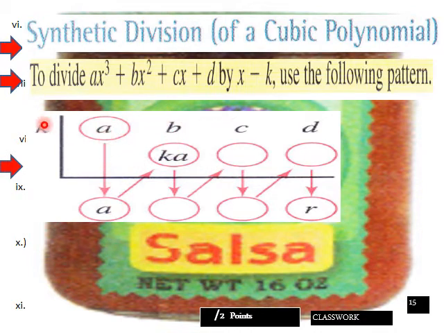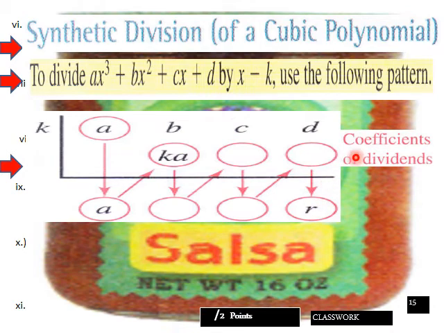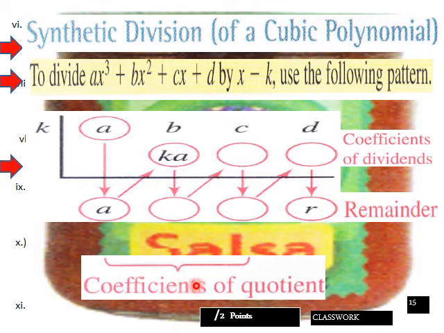And we drop down a, and then we multiply k times a, and we put that underneath b, ka, and then we add ka to b, and then for the next one we multiply by k, put that over here, add, drop down, multiply by k, and then put that over here, add, and then here's your remainder. That's the general form for it. So the coefficients of the dividend, and then the remainder here. And these are the coefficients of your new quotient now.